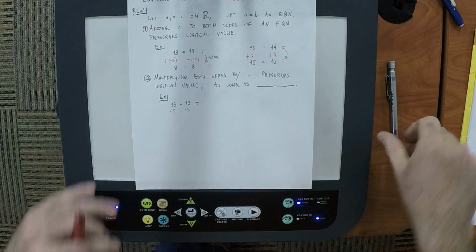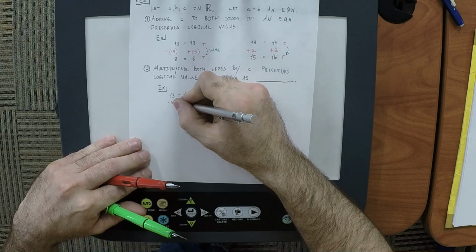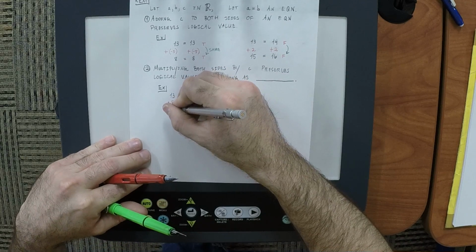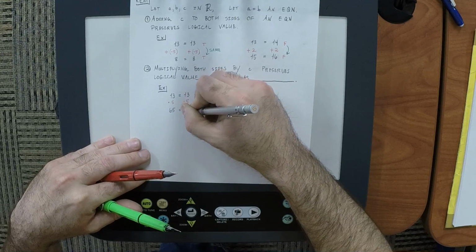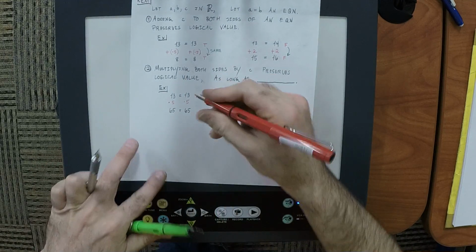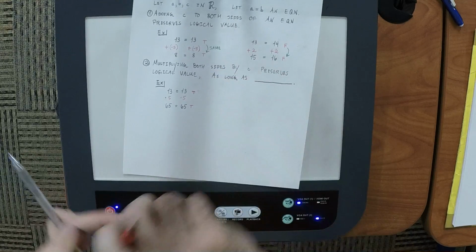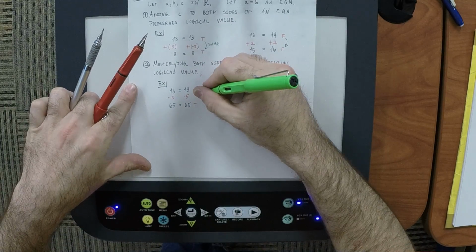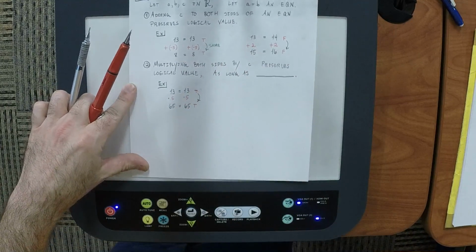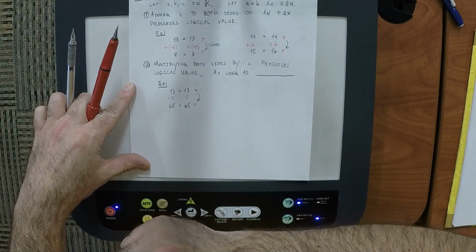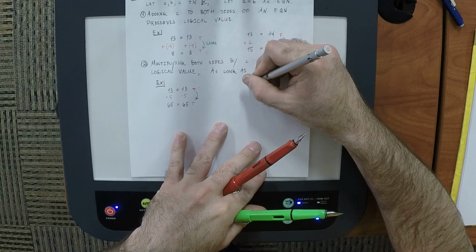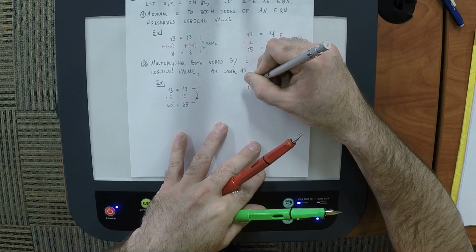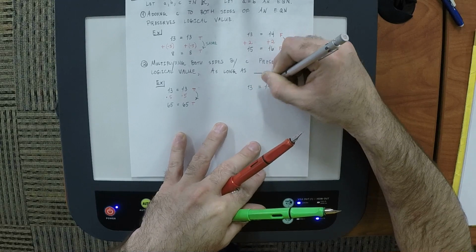If we do that, then the new left-hand side is 65, and the new right-hand side is 65. The resulting equation is true, and notably, the truth value is preserved. That's good. 13 equal 14.